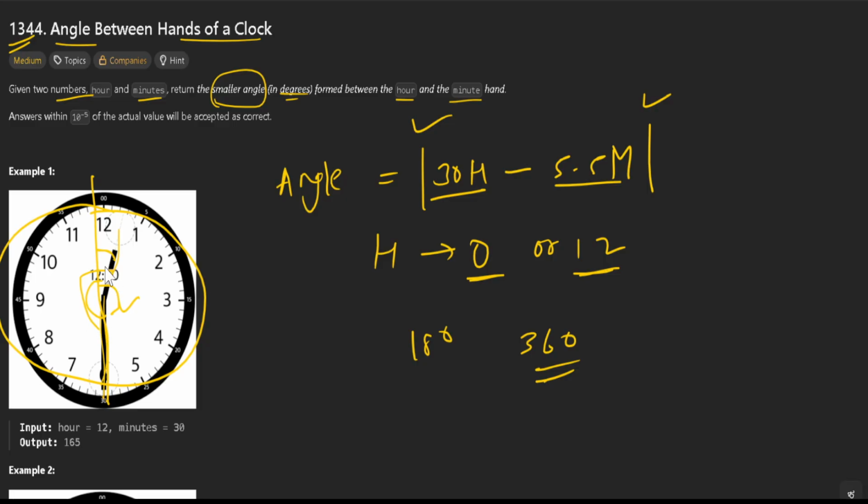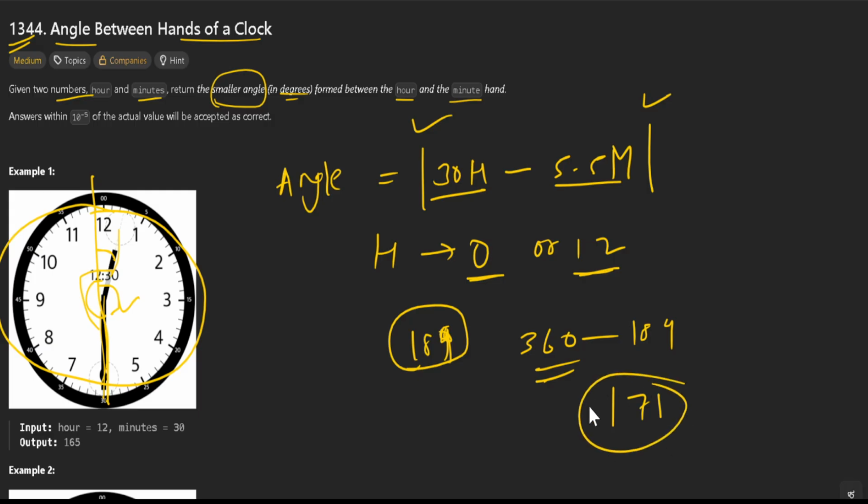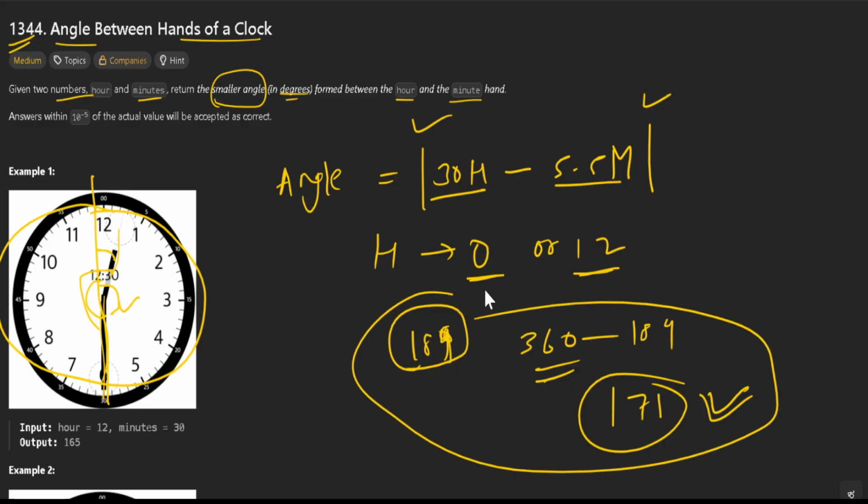If this angle is bigger, you just need to do 360 minus that angle. Let's suppose 189 is coming, it means we do 360 minus 189. The remaining is 171. So the angle that remains is 171. I'm just telling you an example, okay? So like that we will find it.